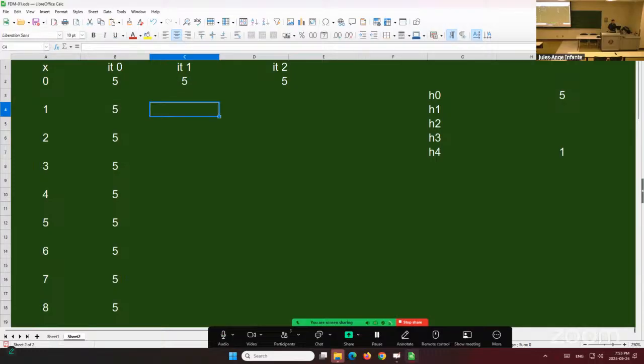So here I would say this is equal to the average of this plus not the following one, but the following ones. That should be B. Okay.